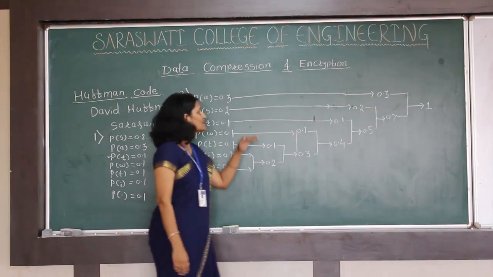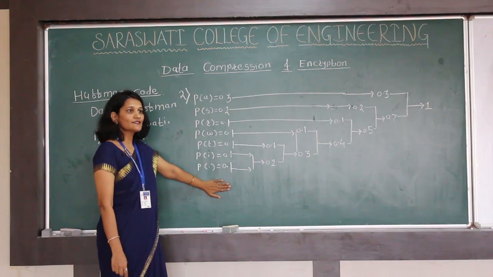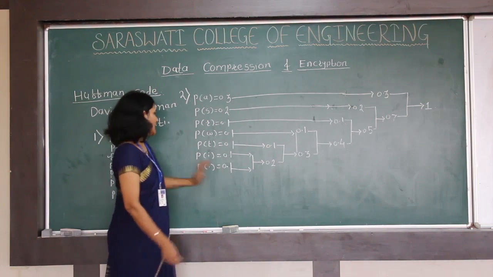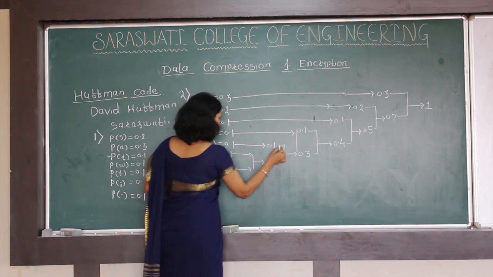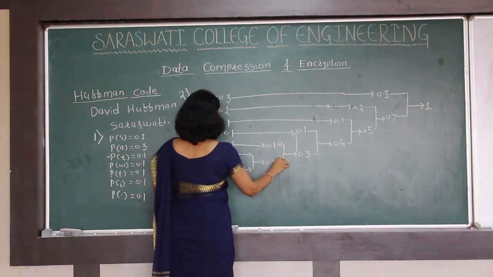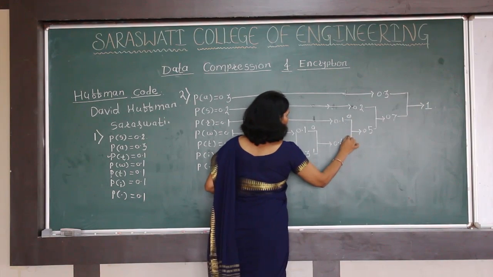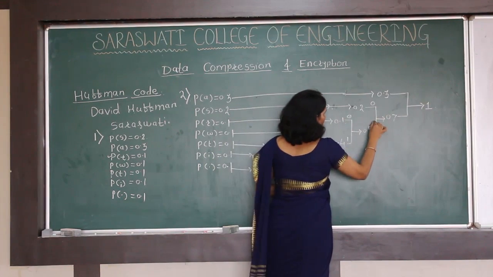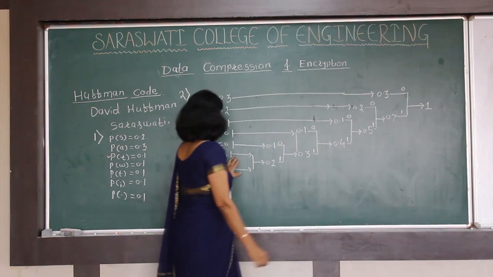After applying Huffman code here, assign zeros and ones at the Huffman branches. Assign here 0, then here 1, 0, 1, 0, 1, 0, 1, 0, 1, and at last 0 and 1.